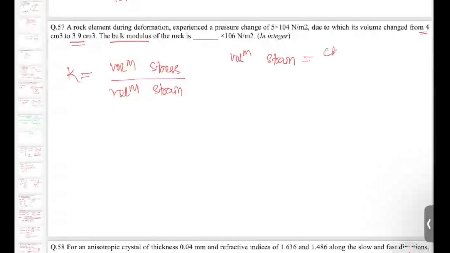The formula for bulk modulus is your volumetric stress by volumetric strain. Do you know what is strain? Volumetric strain is change in volume by original volume.